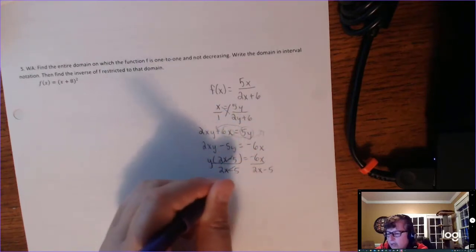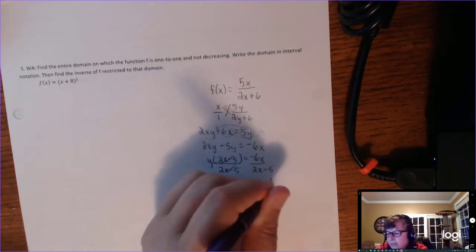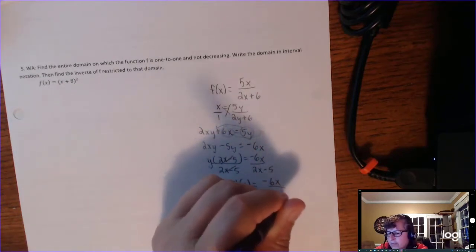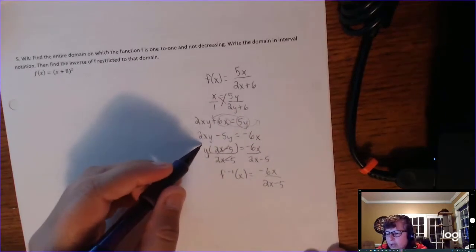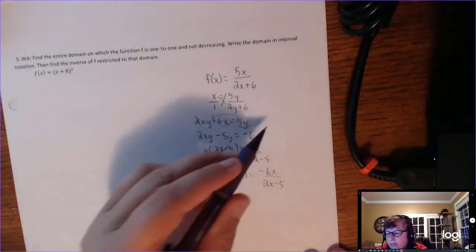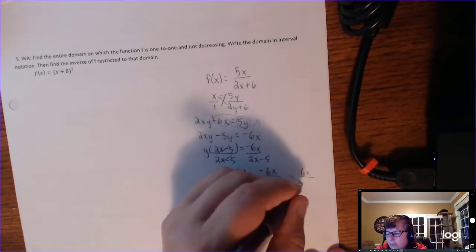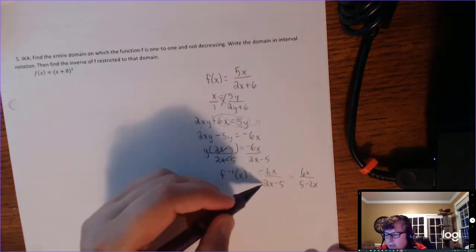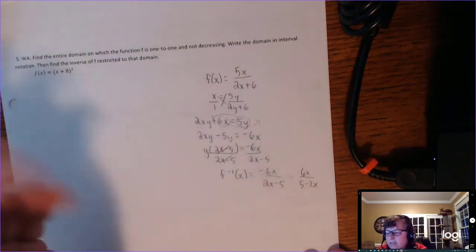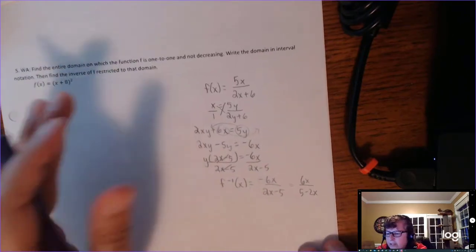And so y, which is the inverse of f, is equal to negative 6x over 2x minus 5. By the way, if you move the y term over there, you might have an answer as 6x over 5 minus 2x. Those are equivalent. Those are opposites. See how all of these are opposite signs? That's the same thing. Okay, let's just look at the domain really quick.